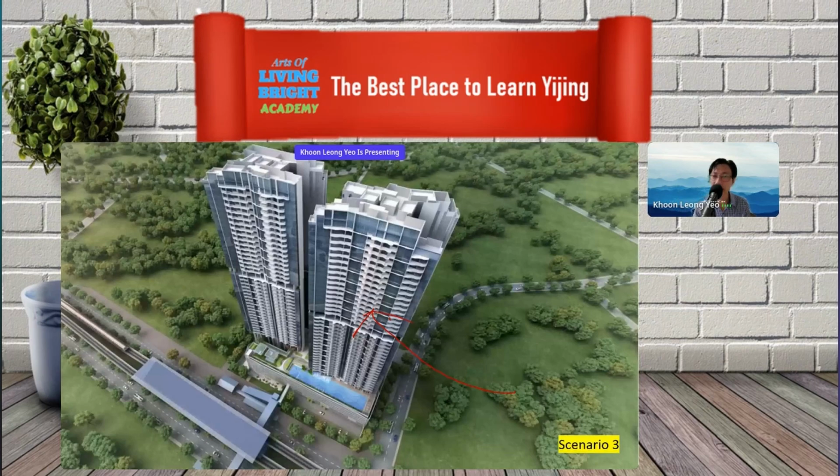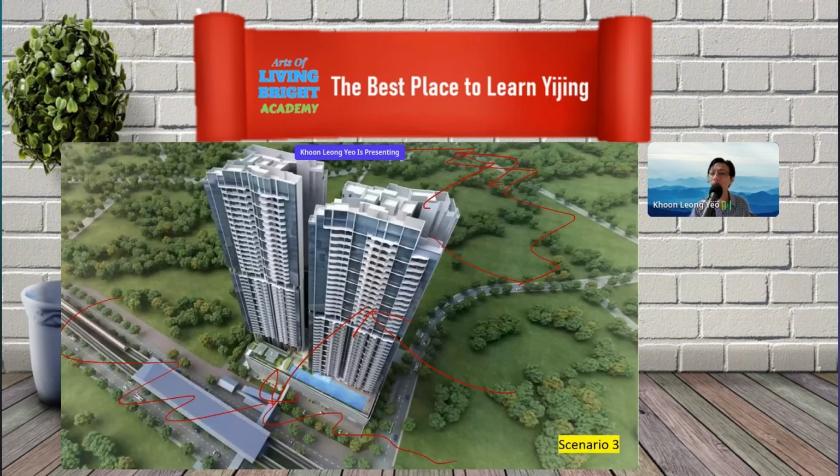Can or cannot accumulate wealth? Look at the backing. Whether you're facing this way or that way, your backing is empty. Yeah, it looks nice, looks prestigious, but you cannot accumulate wealth.